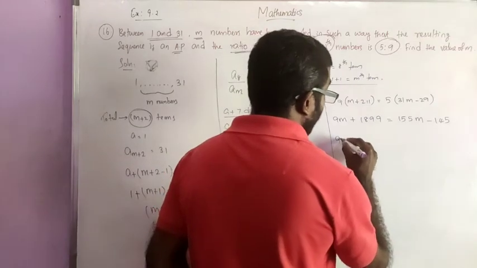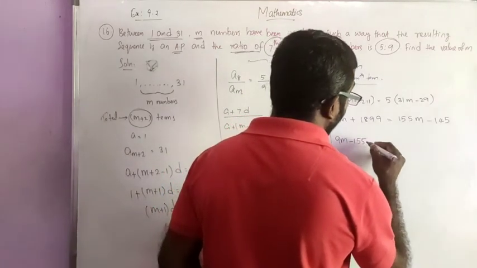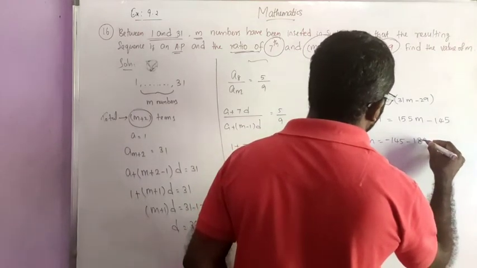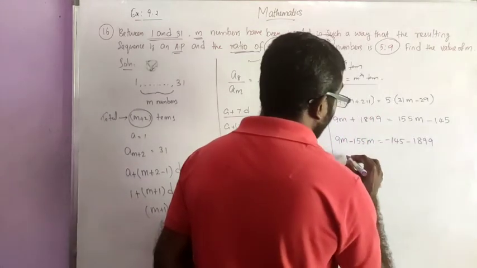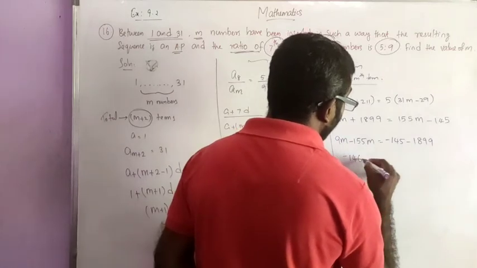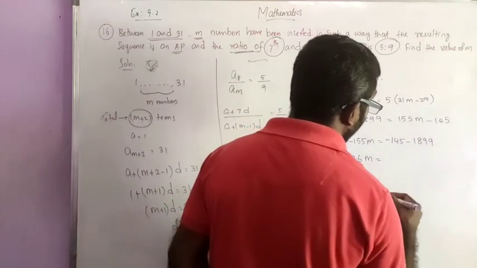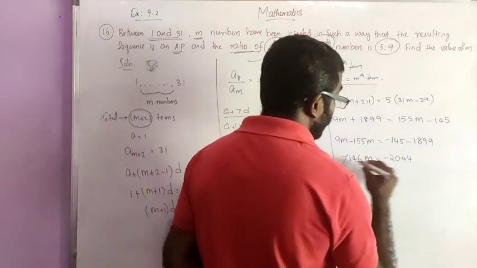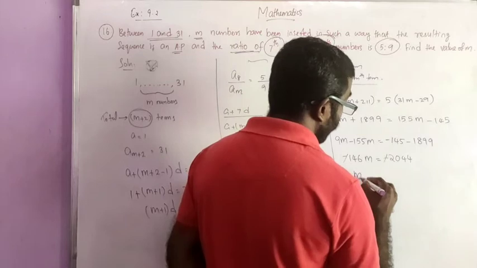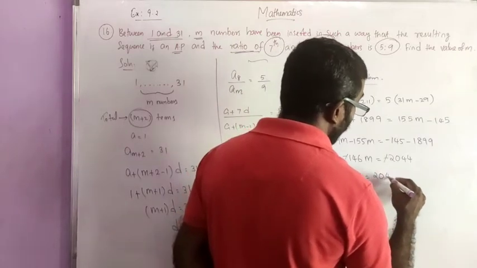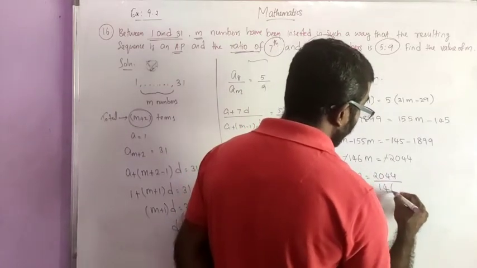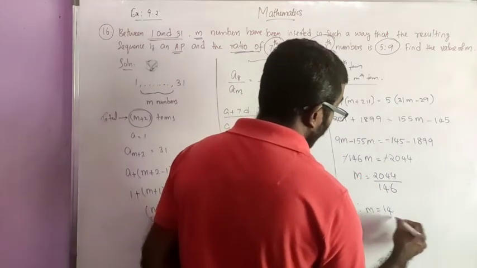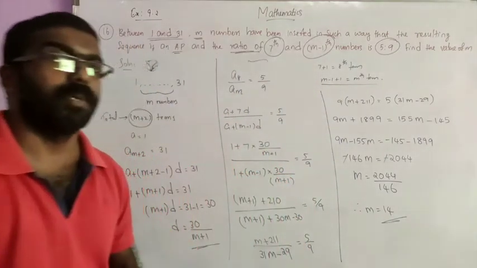Here we can rearrange. 9m minus 155m is equal to minus 145 minus 1899. That is minus 146m is equal to minus 2044. Minus and minus cancel. m is equal to 2044 divided by 146. On dividing we get 14. The value of m is 14.